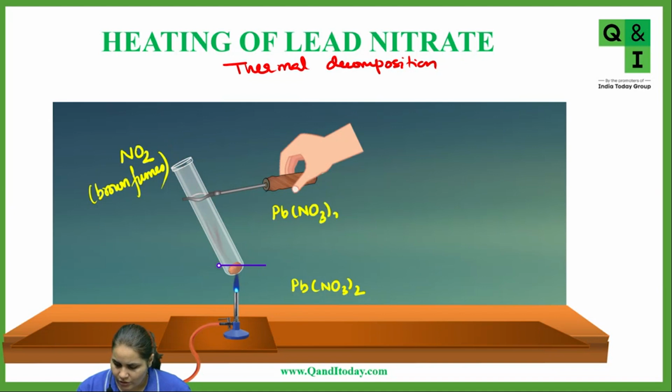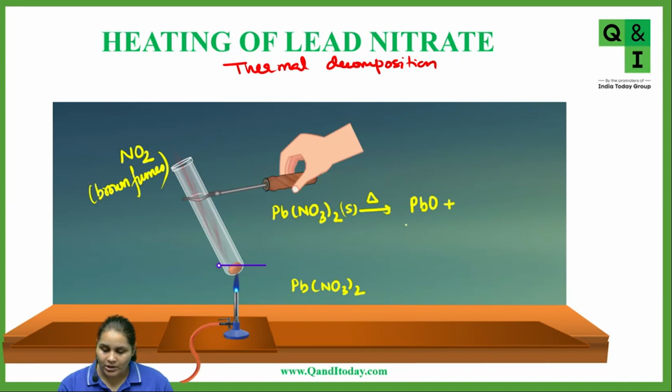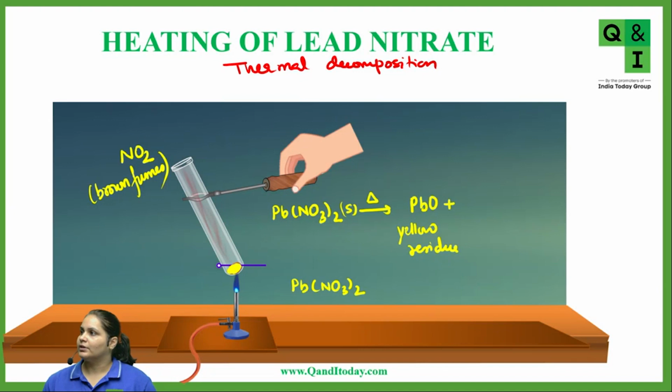And what is the reaction here? Pb(NO3)2, which is solid and colorless, when you heat it, gives you PbO. PbO is actually yellow, so it's a yellow residue left behind.